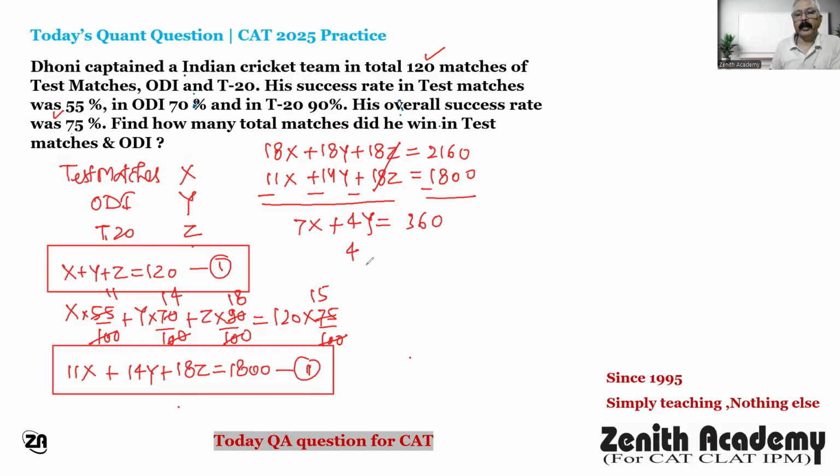So 4y is equal to 360 minus 7x. Correct? Now see this equation: 4y is equal to 360 minus 7x.